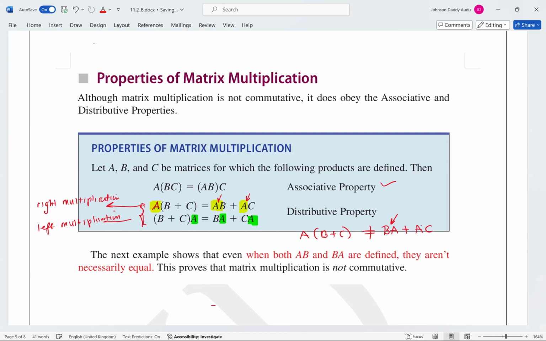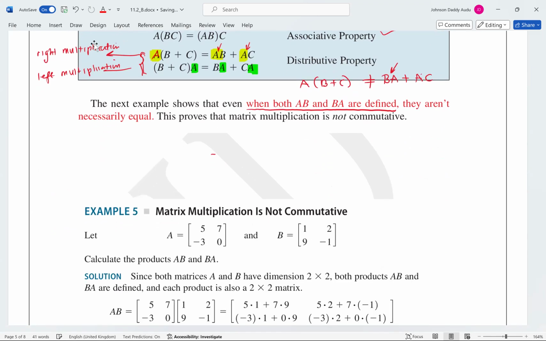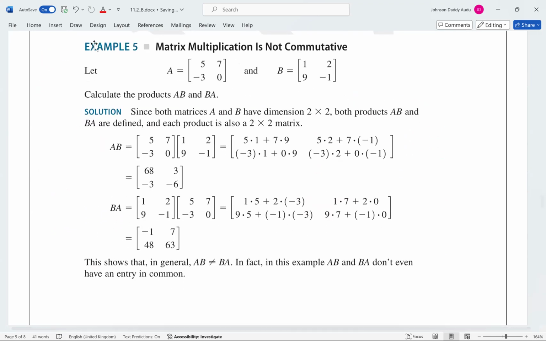This in red says when both AB and BA are defined, they are not necessarily equal. So even when both AB and BA make sense, they don't have to be the same. This is just one example to illustrate that.